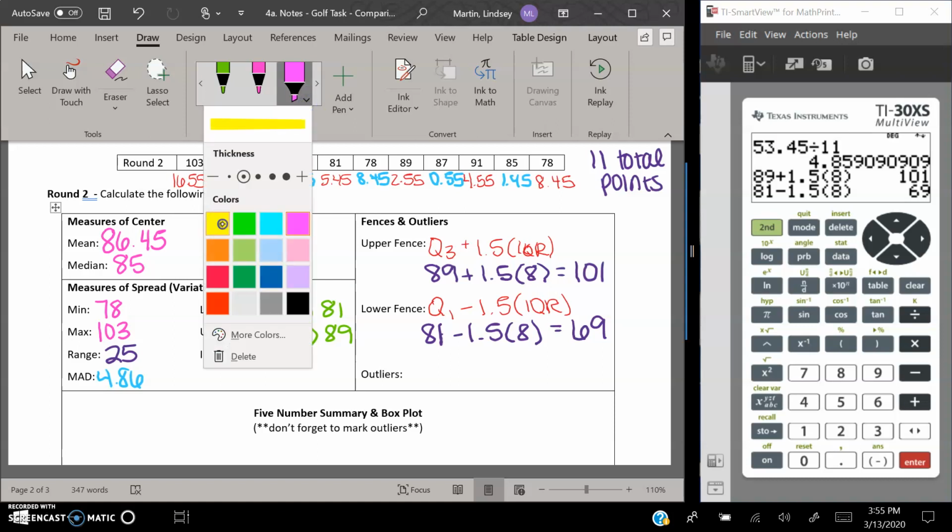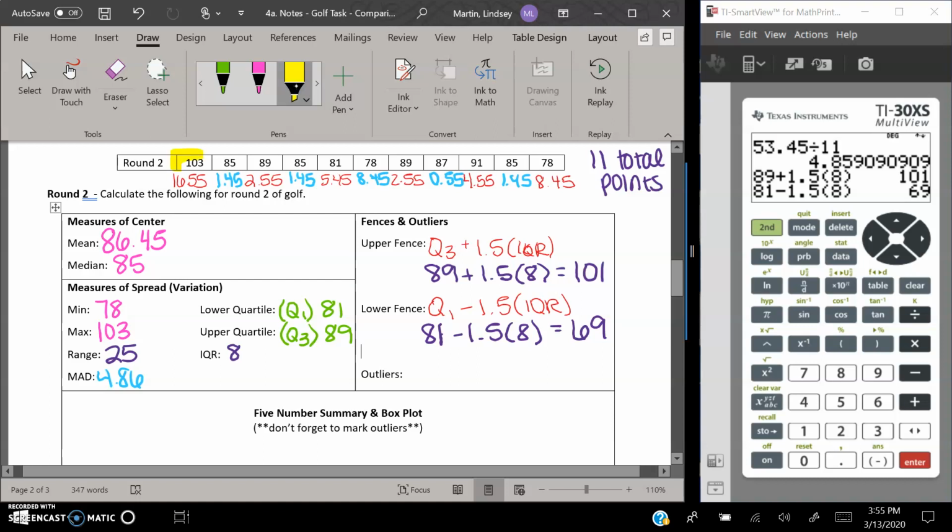The highest number that I have in my data set is 103, which is higher than 101, so that would be considered an outlier. I don't have any other numbers above 101, and I don't have any numbers below 69. So yes, I do have an outlier, and the outlier is 103.